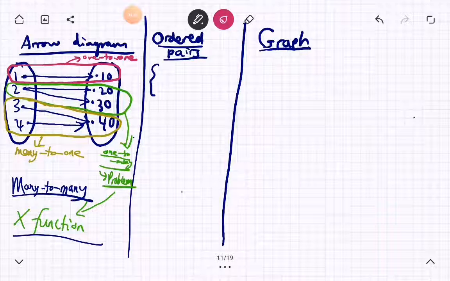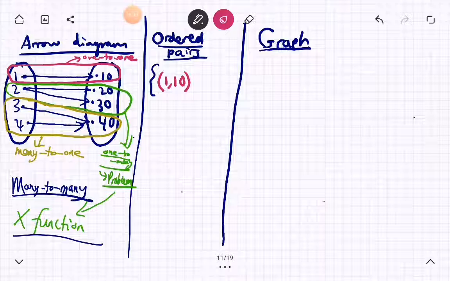Our pink relation has an input of 1 and output of 10. This is how you write the coordinate: you put the input on the left, then a comma, and then the output on the right, and close it by brackets. The x coordinate is the input, the y coordinate is the output.